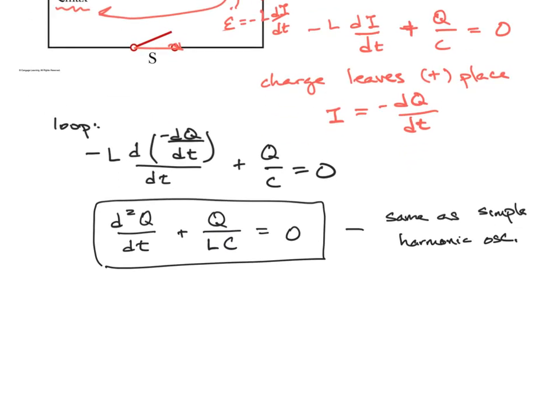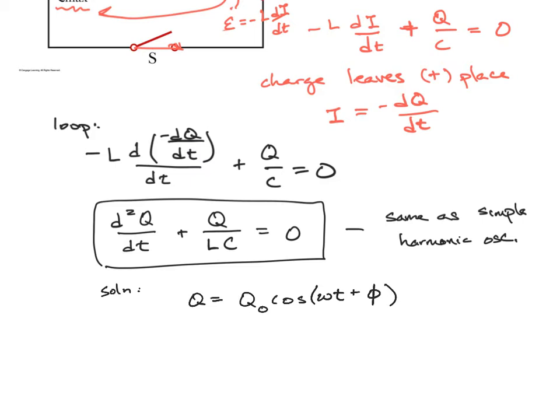The solution here is that our charge looks like this. So it's a cosine function. It's something that oscillates sinusoidally, you would say.